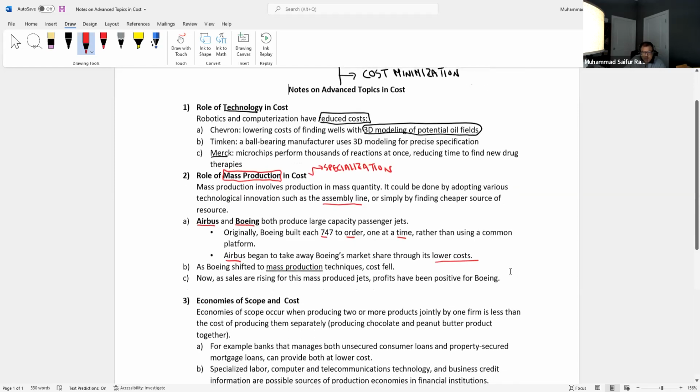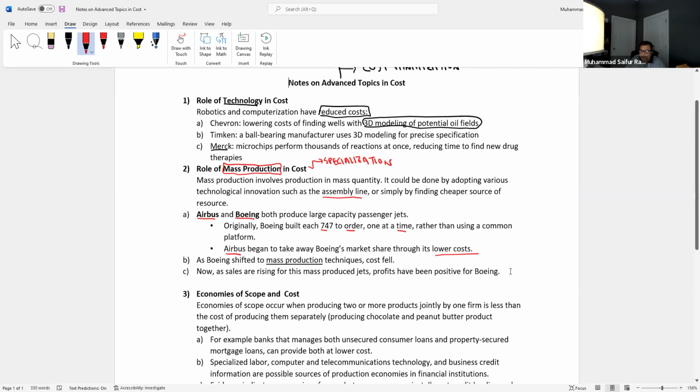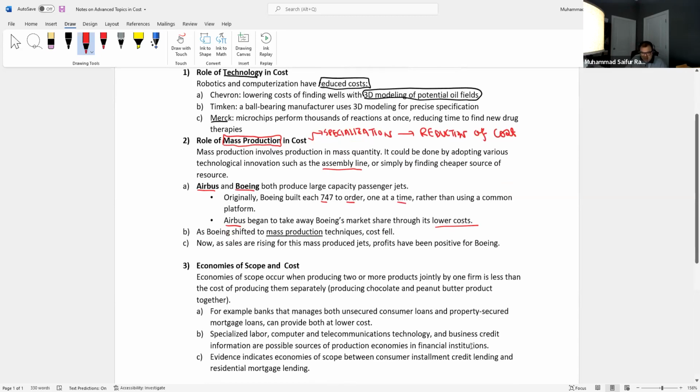So the point that I want to make sure that we all understand is that mass production can lead to reduction in cost, and that mass production effect can be embodied in the production process in many ways, specialization being one of them. The next topic I think is very interesting.